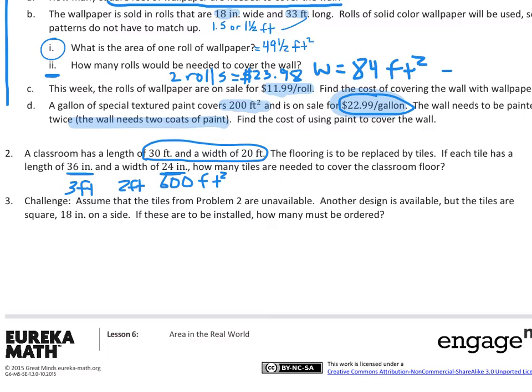And so that means each tile is 6 feet squared. Right? And so when you multiply those, you're going to get 6 square feet. So how many 6s go into 600? 100. So we need 100 tiles. And those were your 3 steps to get number 2.